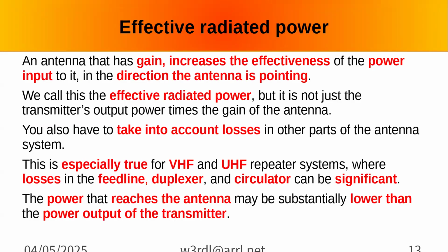So if you got 100 watts in and your antenna had a gain of 10, then you have a kilowatt effectively. If you had 10 dB, right? That's a factor of 10, if my dB calculator is right.